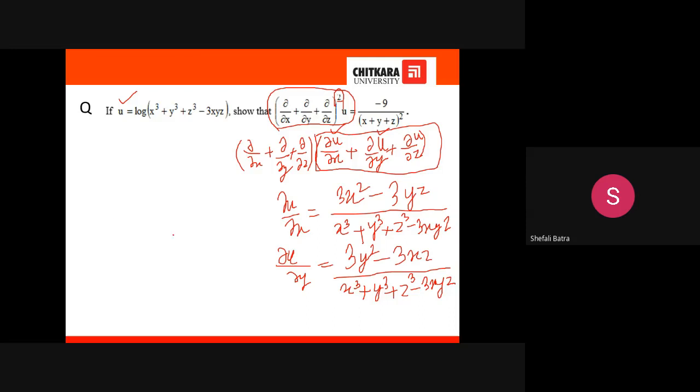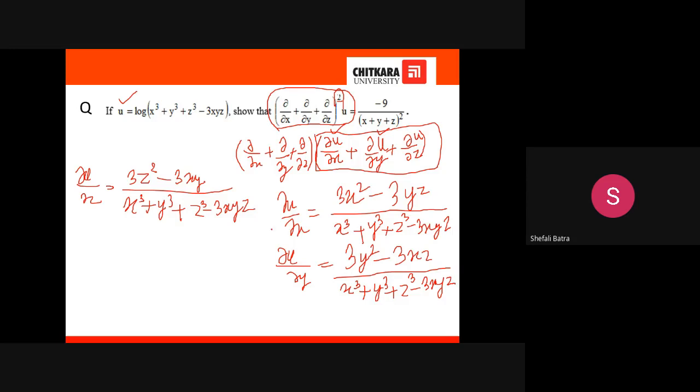And similarly, ∂u/∂z would be equal to 3z square minus 3xy upon x cube plus y cube plus z cube minus 3xyz.